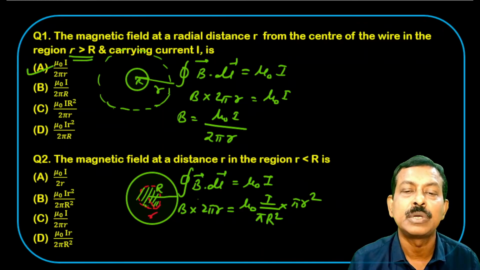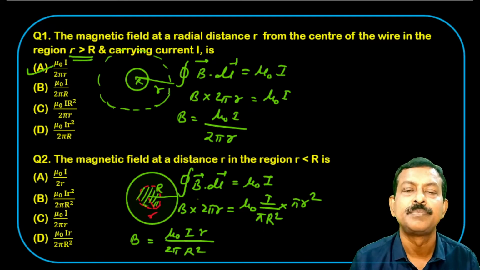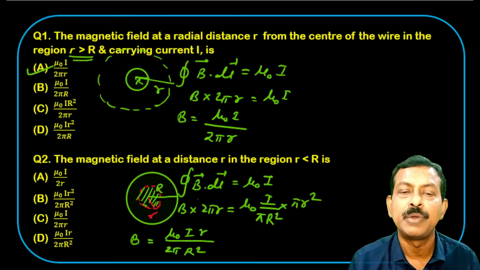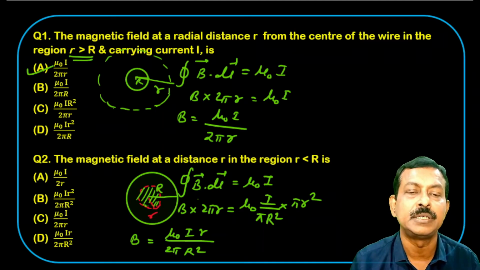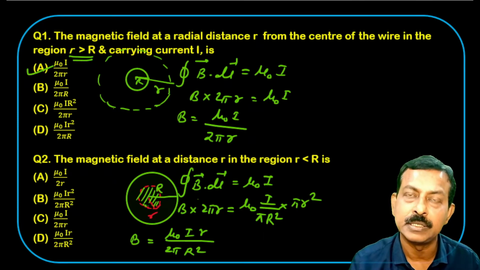So here, r will get cancelled, 2 pi will get cancelled. So B will be equal to mu naught I r divided by 2 pi R square, because here pi will get cancelled and this 2 is coming in the denominator, so it is your 2 pi R square. Here it is your I into r in the numerator.